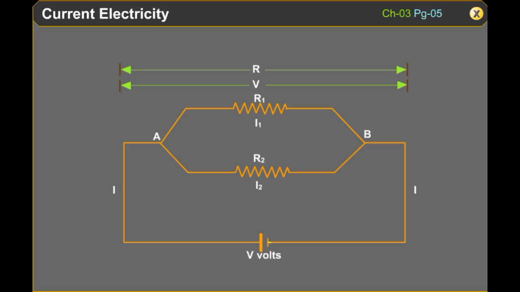So 1 by R is equal to 1 by R1 plus 1 by R2. If two resistances R1 and R2 are connected in parallel, then their resultant resistance R is given by 1 by R is equal to 1 by R1 plus 1 by R2.